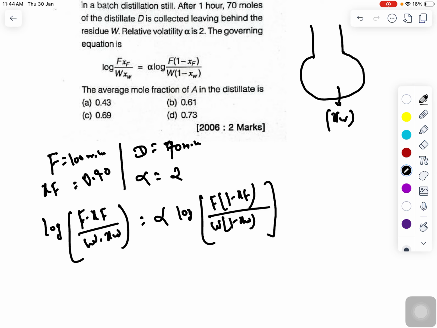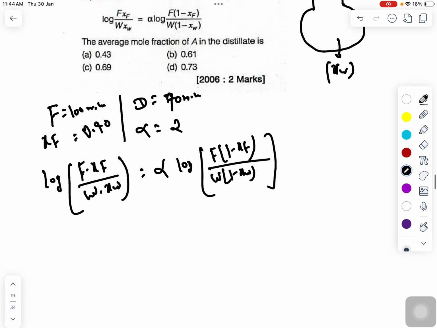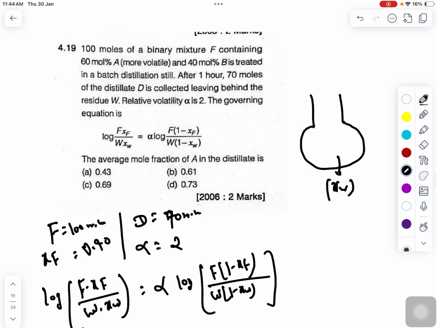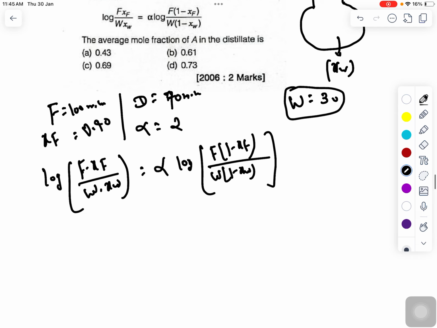So if we calculate from here, F is given, XF is given, and distillate quantity is given. Distillate is 70. So what is W? W will be equal to 30. Is that clear? So now I'll write these things.